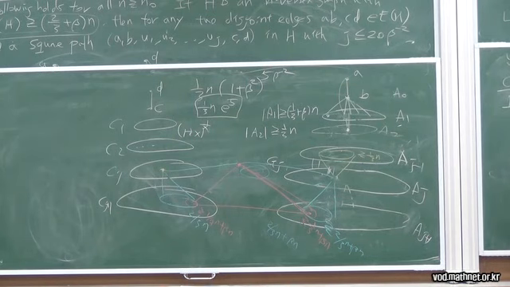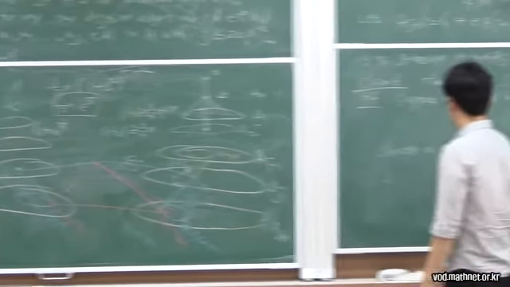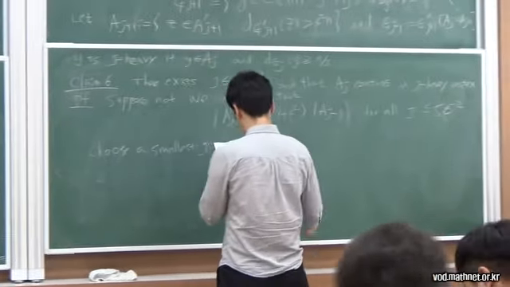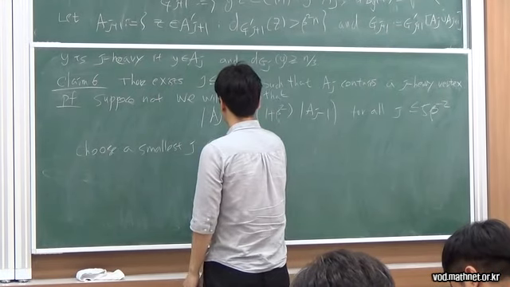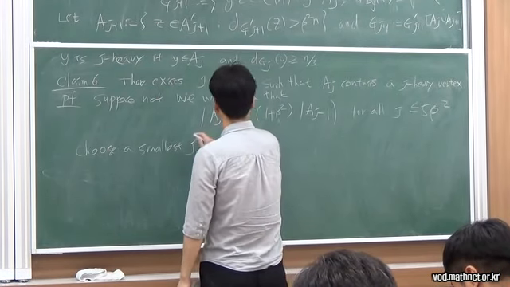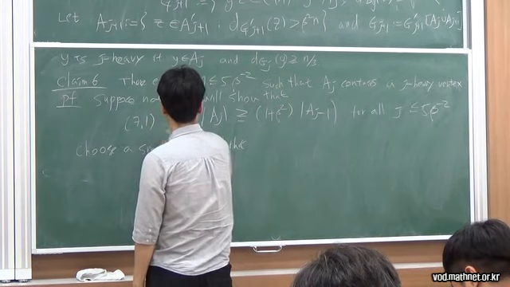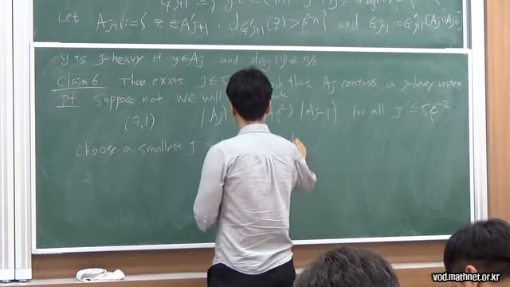So choose a smallest J such that, say, this is 7.1. 7.1 does not hold.